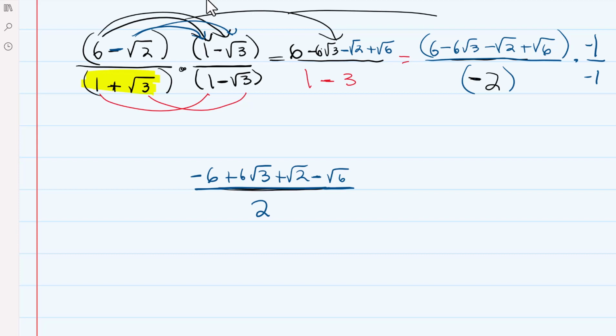Now, if there would have been, say, a 2 outside here and maybe an 8 there, then the negative 6, 6, 2, 8, negative 8, and 2 all would have had a 2 in common. Then you could have factored out a 2 from all of that. But it did not have a 2 or an 8 attached. So we could not simplify any further. All right, that's it for this one.